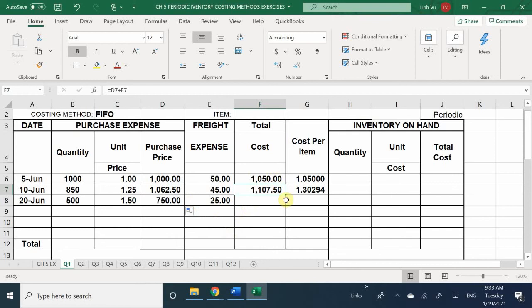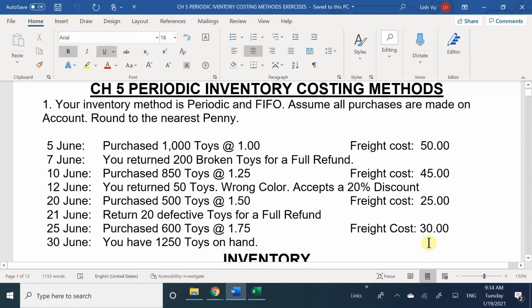What is my total cost? 775. And what is my cost per item? $1.55 even. Okay, good. Now that my worksheet's done, my journal is done, let's see what happened next.